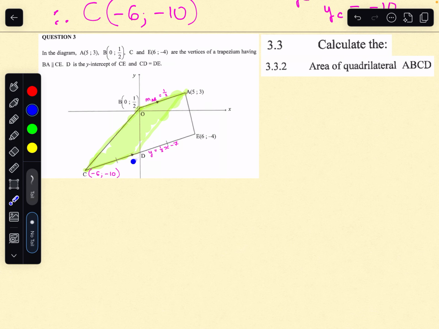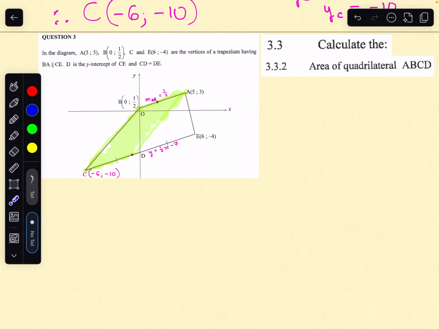If this is a parallelogram, then we can use the area formula for a parallelogram instead, which says you just say the length of the base times the perpendicular height. Another alternative is to work out the area of this triangle and the area of this triangle.